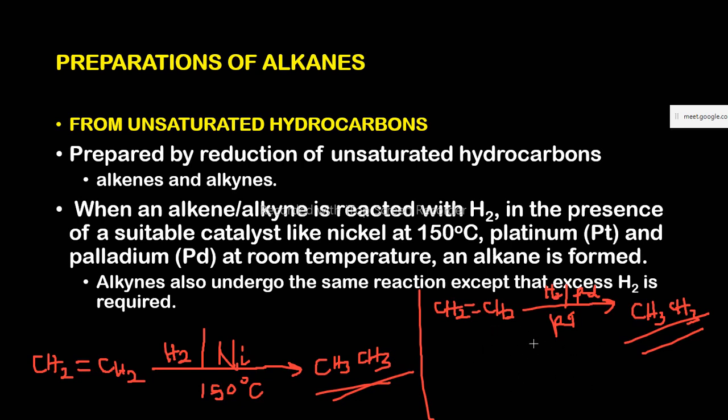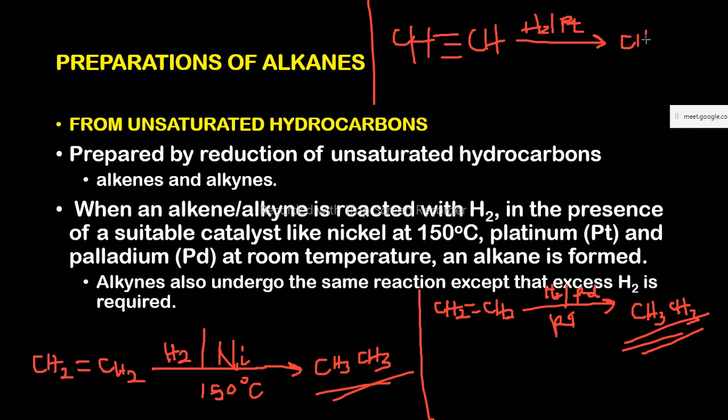So even with alkynes, let me write it here. CH triple bond CH, reacted with hydrogen in the presence of platinum or palladium catalyst. Then we shall get an alkane. The hydrogen here must be in excess, to replace all those three bonds.